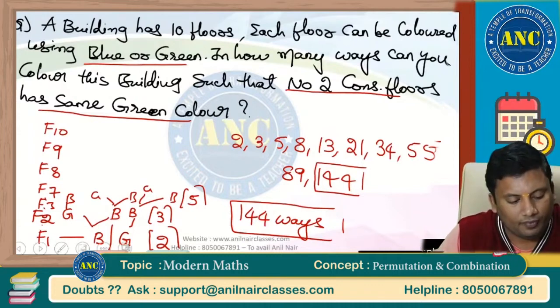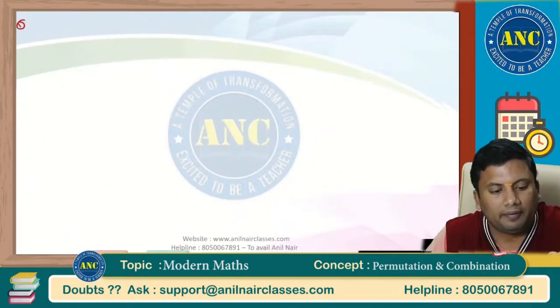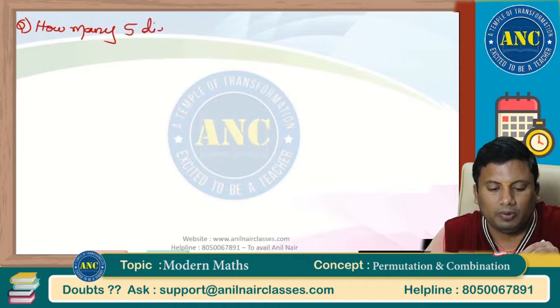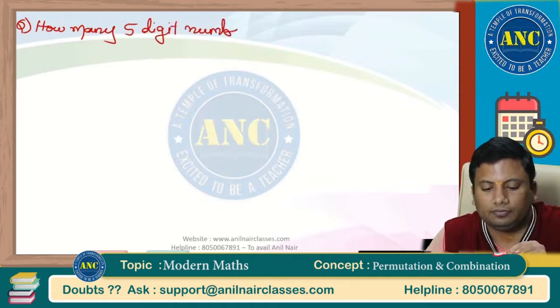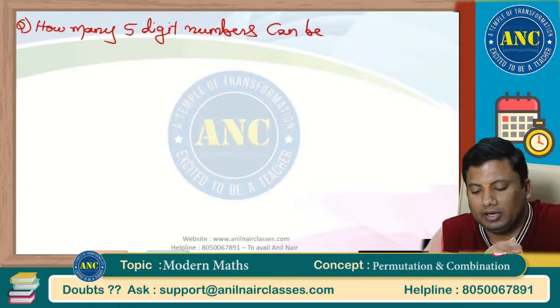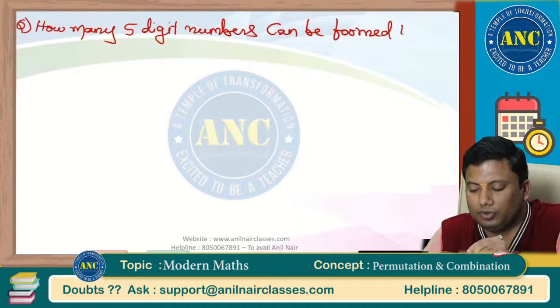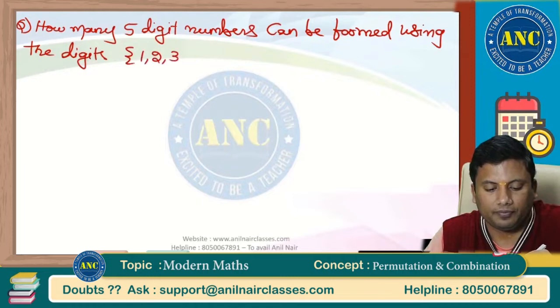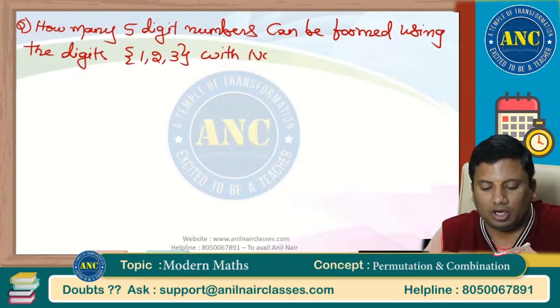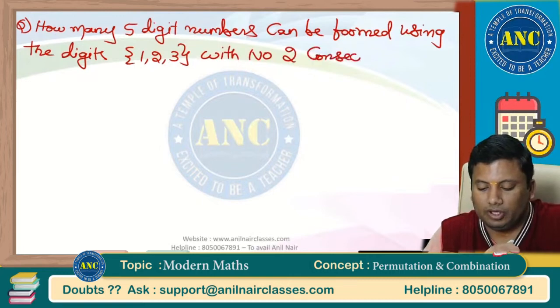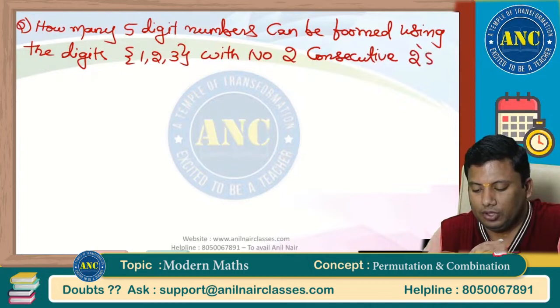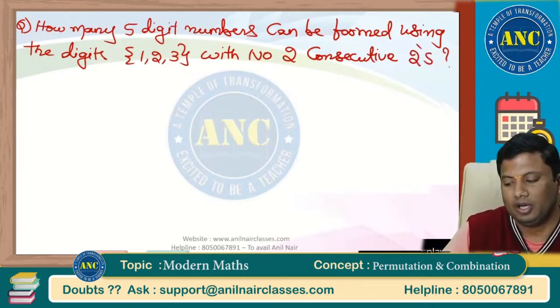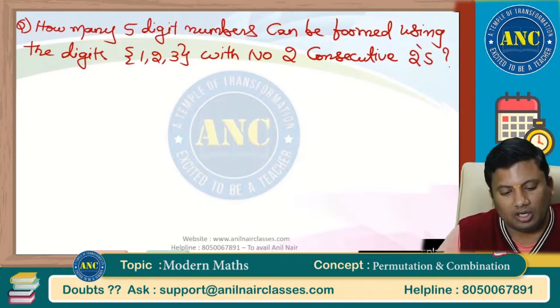Another question. How many 5-digit numbers can be formed using the digits 1, 2, 3 with no two consecutive twos?